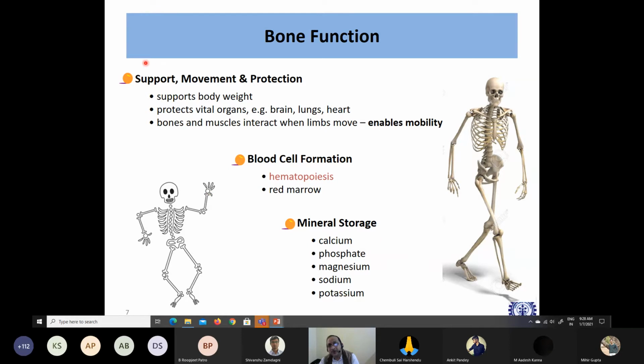So together, these are the vital functions of bone.